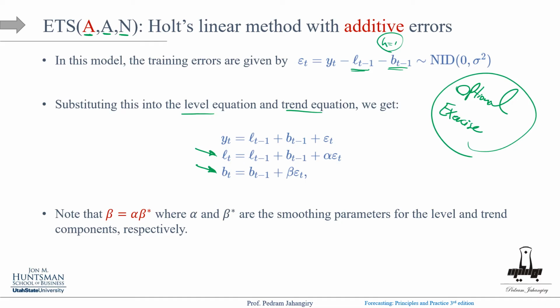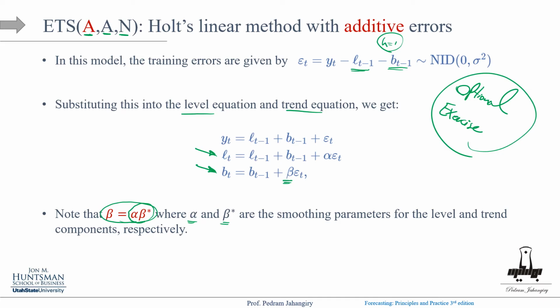This is just like what we did for ANN, and now you're doing it for AAN, additive trend. And for those of you who are curious, you will see that this beta that you're calculating is the same as alpha multiplied by beta star, and alpha and beta star are the smoothing parameters for level and trend from exponential smoothing methods.